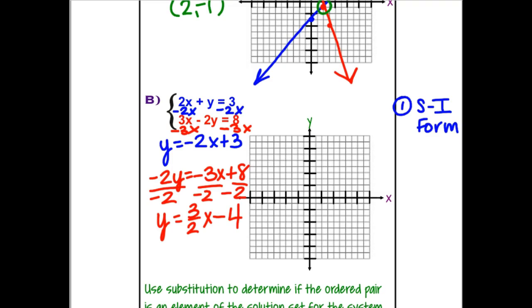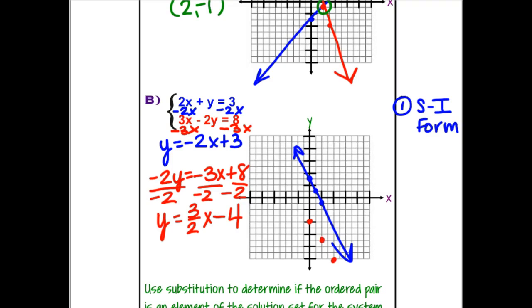So now I graph. Positive 3 with a slope of -2, so down 2 forward 1, down 2 forward 1, and draw my line. Then in red, I go to -4, and I go down 3, forward 2, down 3, forward 2.